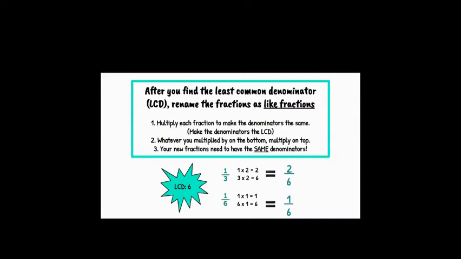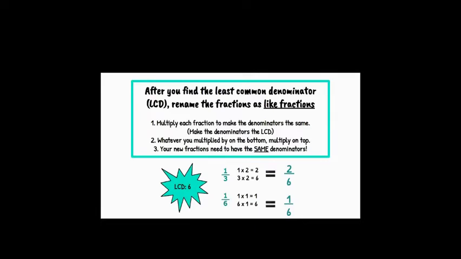So in order to get from 3 to 6, we multiplied by 2. Step 2, whatever you multiplied on the bottom, multiply on the top. So since we multiplied by 2 on the bottom, we're going to do times 2 on the top as well. So 1 times 2 is 2, and then there's our new fraction, 2/6.